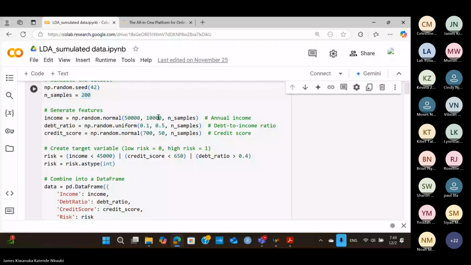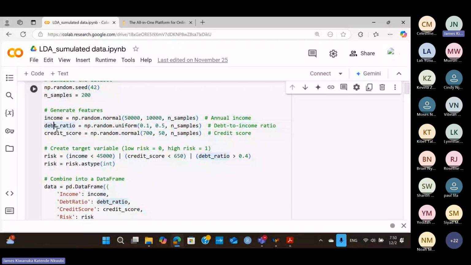Then the debt to income ratio is generated between 0.1 and 0.5, and we generate 200 such random values. And then the credit score will be random normal values with mean 700 and standard deviation of 50, again only 200 of them. So all these will be our variables: income, the debt ratio, and the credit score.